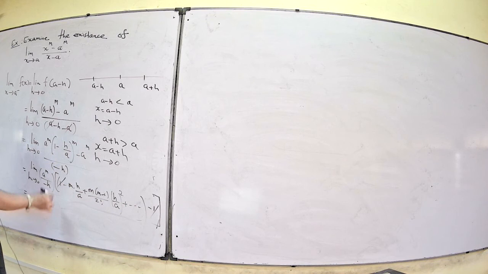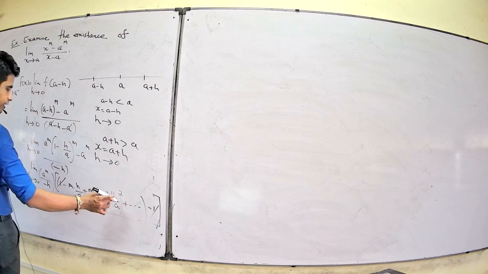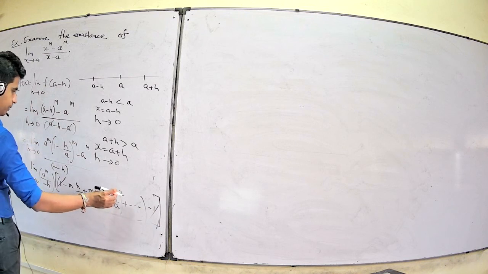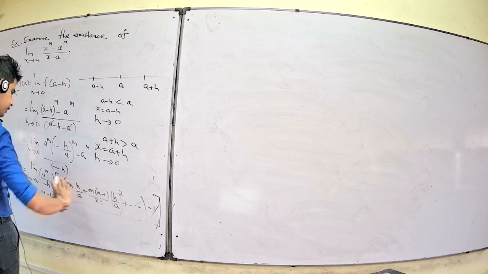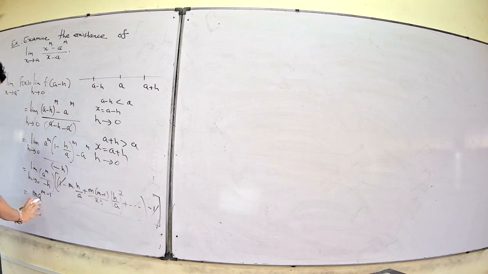Then for your first term, the h cancels, minus plus a power m over m times. That means your answer is m into a to the power m minus 1, because the other terms have the product of an h term, therefore other terms should be 0. Therefore, you get m a to the power m minus 1. Therefore, your left limit equals this value.